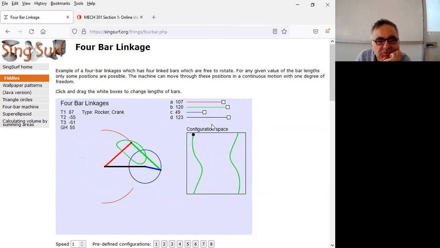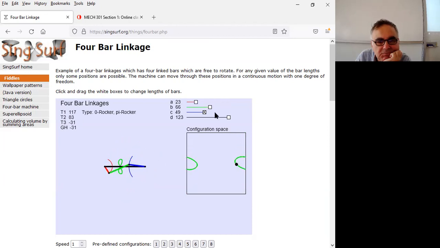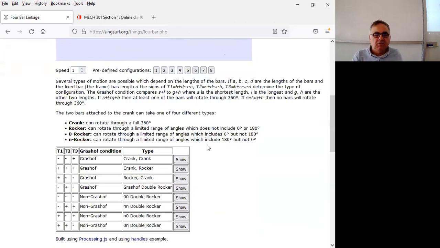And some mechanisms are impossible. This is a crank rocker again, and so on.